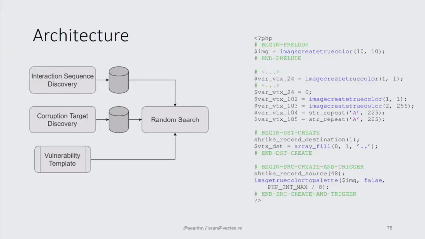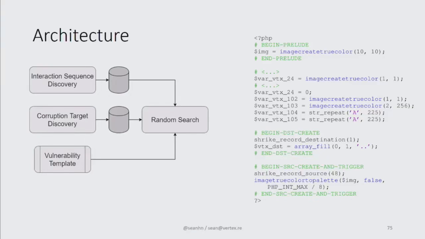Then here we can see a bunch of functions that have been randomly selected and assembled together because they have some useful interaction with the allocator. Here we can see that the system has discovered that the image create true color function and the string repeat function obviously do interesting things in terms of allocating things on the heap. It's also figured out that it can trigger free via just destroying objects like this. And then the rest of it is just from the vulnerability template.